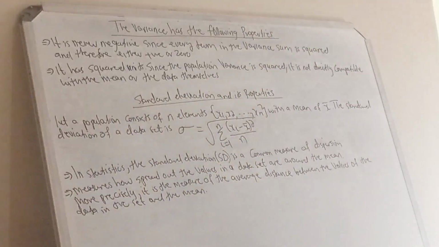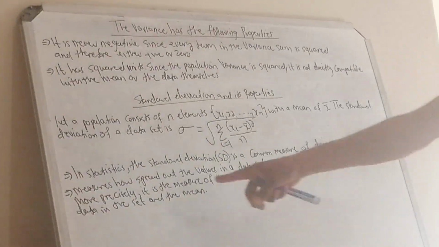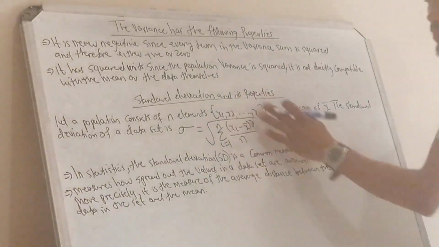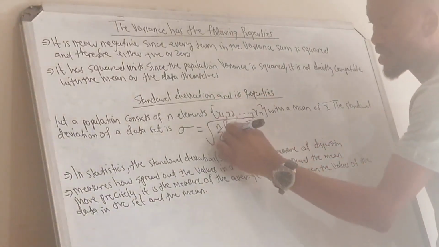That's exactly what it does. It measures how spread out the values in a data set are around the mean. And to be more precise, it is a measure of the average distance between the values of the data in the set and the mean. And again, this is the average.